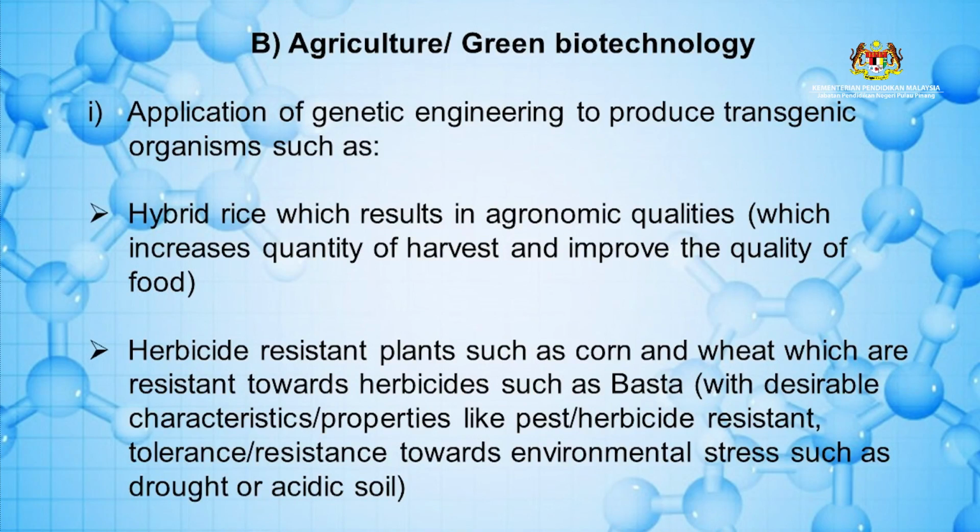Herbicide-resistant plants such as corn and wheat are resistant to herbicides such as Basta. Biotechnology is also used to produce pest-resistant plants and plants which are tolerant to environmental stress such as drought or acidic soil.